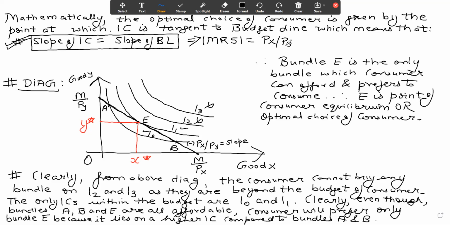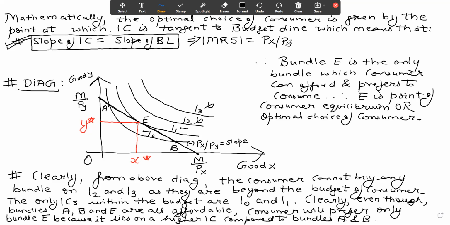Guys, let's ignore the signs, because MRS will also be negative, Px by Py will also be negative, because budget line and ICs both are downward sloping. So we look at their absolute values or their positive values. So the point of optimal choice will occur where the indifference curve is tangent to the budget line. That means when the slope of the indifference curve is exactly equal to the slope of the budget line.